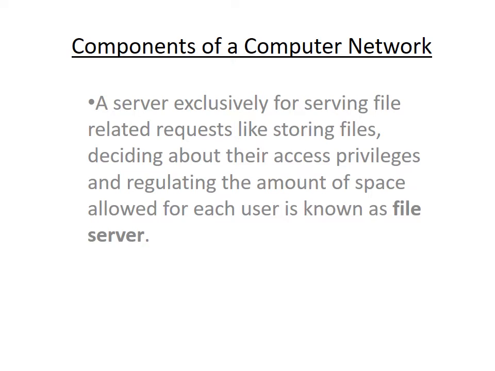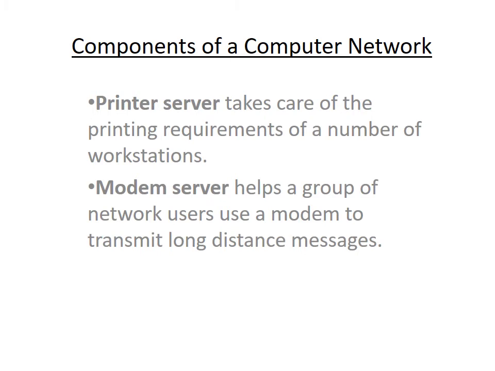A server exclusively for serving file-related requests like storing files, deciding about their access privileges, and regulating the amount of space allowed for each user is known as a file server. Printer server takes care of the printing requirements of a number of workstations. Modem server helps a group of network users use a modem to transmit long distance messages.